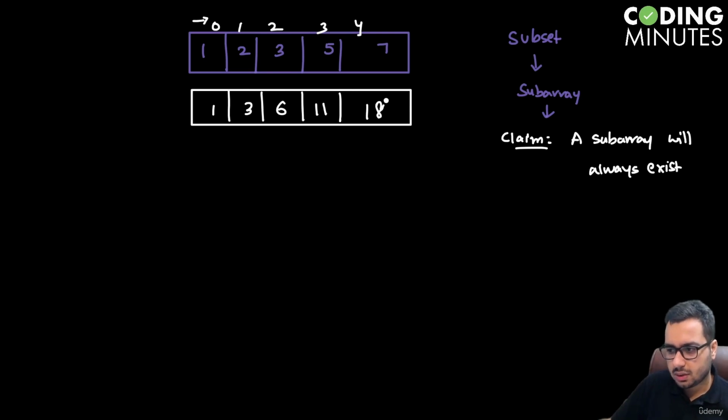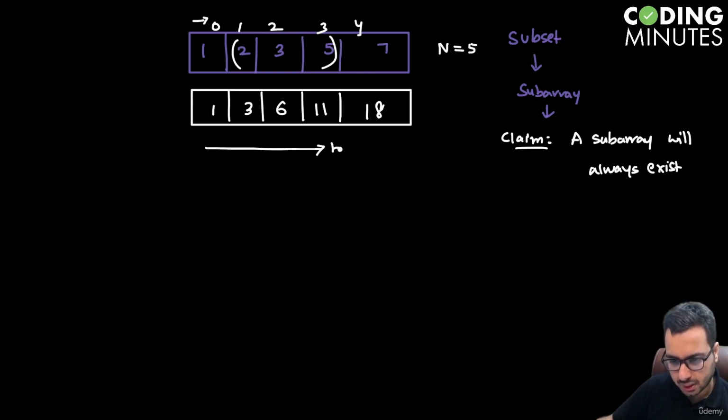Now suppose we are saying we'll find a subarray whose sum is divisible by n. Let's say the value of n is 5. We know the sum till this particular point is, let's say, b. The sum till before index 1 is up to this particular point, that is a.